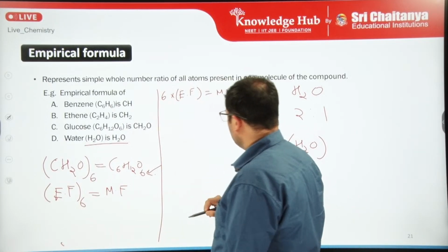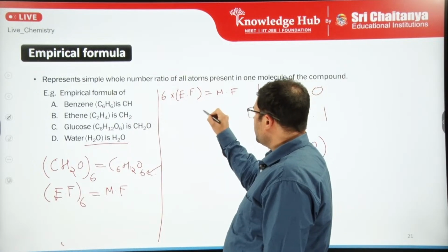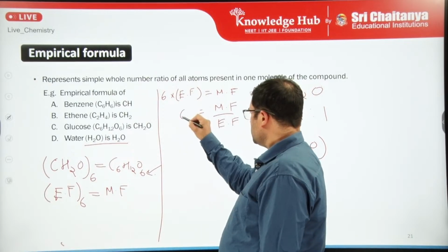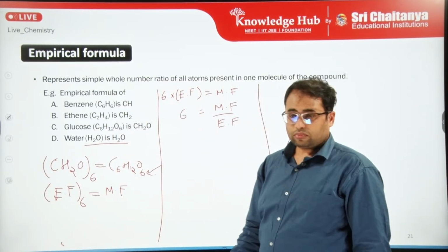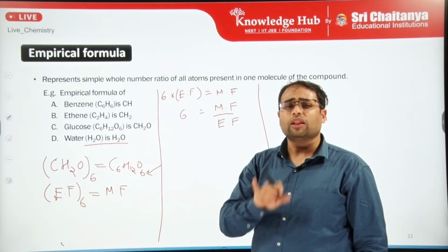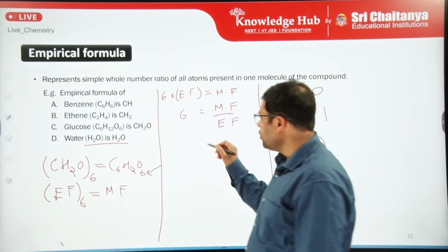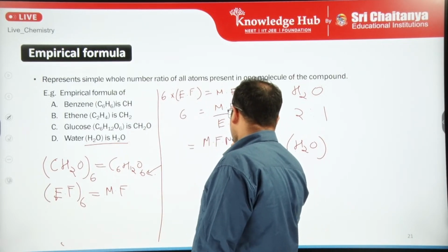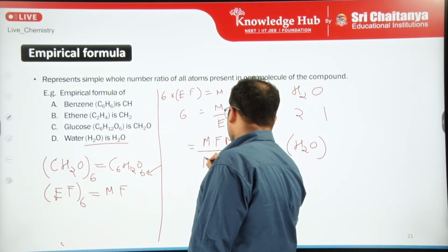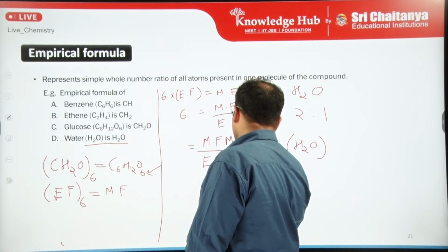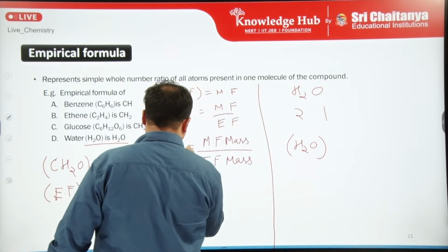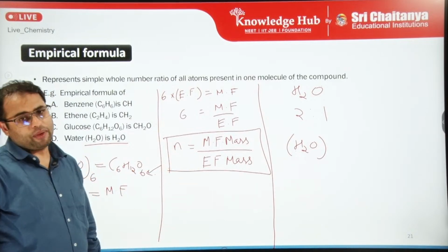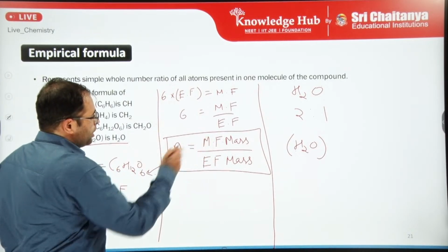And then if I divide by 6, but this division has to be not in terms of formula, it has to be in terms of mass. So this is molecular formula mass divided by empirical formula mass. This gives us the value of n, right? And if you multiply the empirical formula mass by that n, you will get the molecular formula.